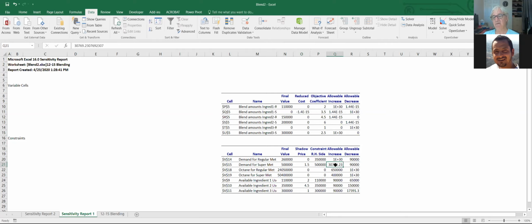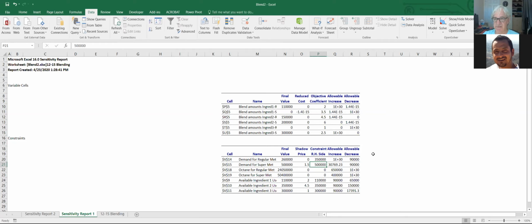Because the allowable increase is way more than 1 barrel. So 1.50 applies all the way up to an increased demand of 30,769 barrels more on the demand side, and you will still make $1.50 on each additional barrel of demand.